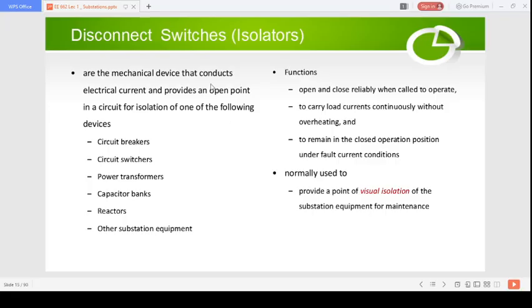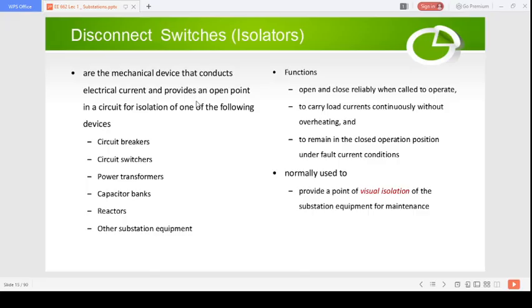First we will talk about the disconnect switches, or what we also call the isolator. These are mechanical devices that conduct electrical current and provide an open point in a circuit for isolation of one of the following devices.